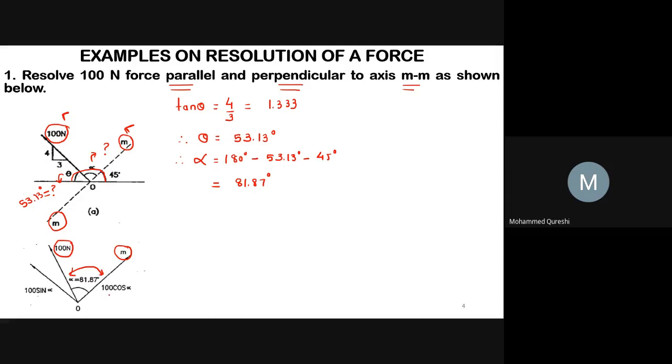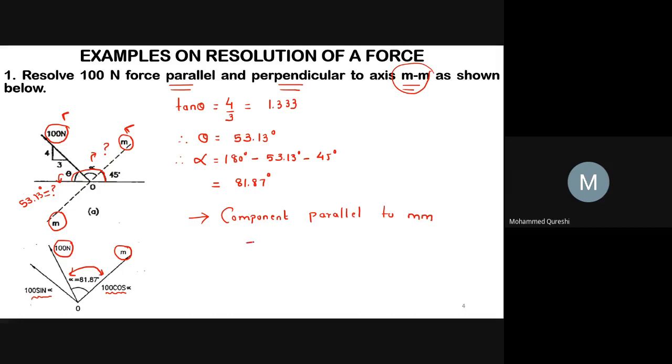So this 100 Newton force can be resolved in two components. The first component is 100 cos alpha and the second component is 100 sin alpha. First of all we will resolve the component parallel to MM.